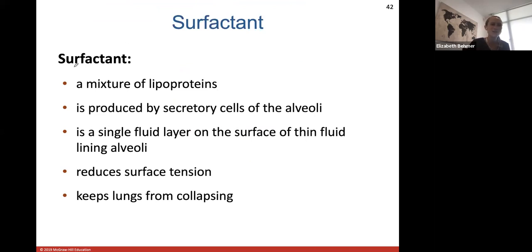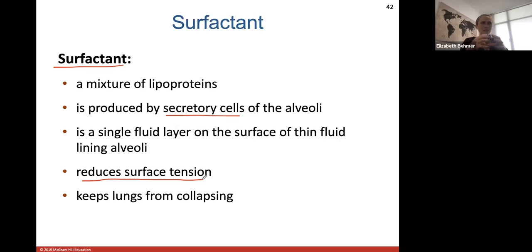Surfactant is very important. It's a mixture of lipoproteins, which are like a fatty protein. It's produced by secretory cells of your alveoli, and it's a single fluid layer on the surface of the thin fluid lining the alveoli. What surfactant does is it reduces the surface tension of your alveoli, so it keeps your lungs from collapsing on themselves.